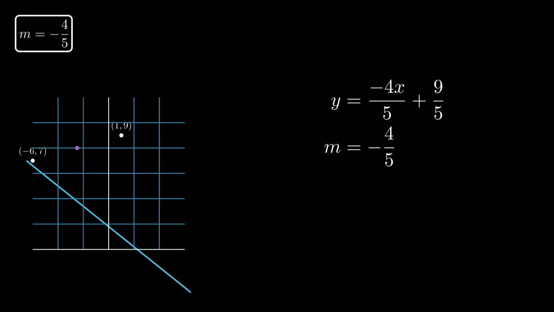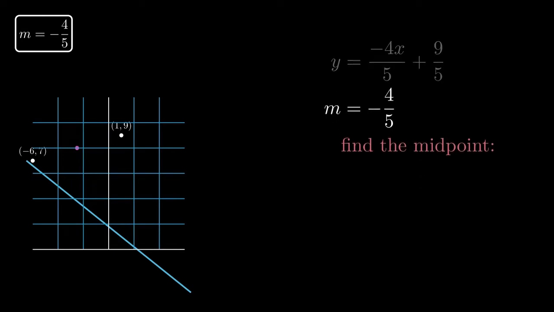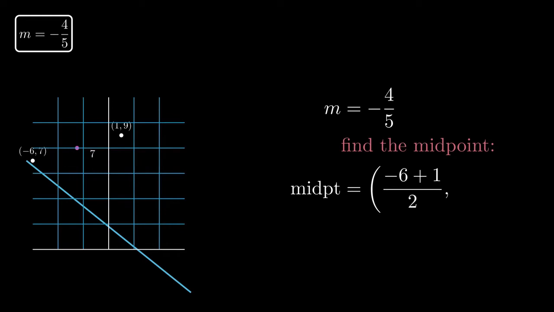Now we need a point. So we know the direction, we need a point. The point that we're going to find will be the midpoint because that's what we're told. We're told it goes through the midpoint. So we need to find the midpoint here, which is basically just the 2 x's divided by 2, and then the 2 y's divided by 2.